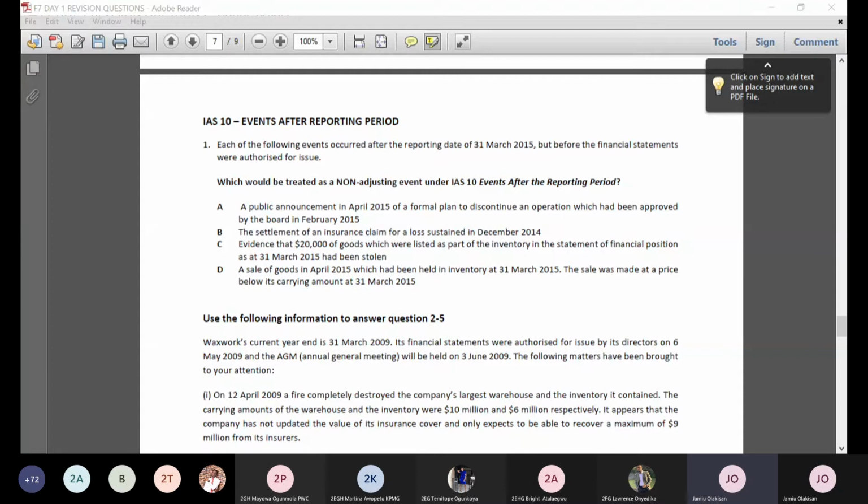The sale was made at a price below its carrying amount at 31st March 2015. That is, at a net realizable value that is lower than cost. That one too is an adjusting event, just like I've told you today. The only non-adjusting event here is A. A is the correct answer.